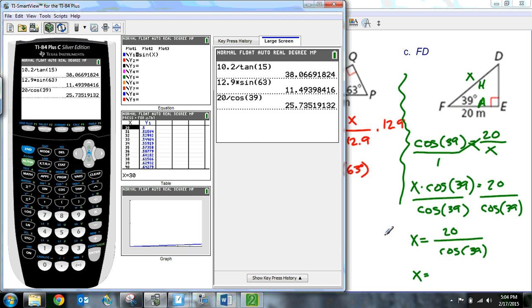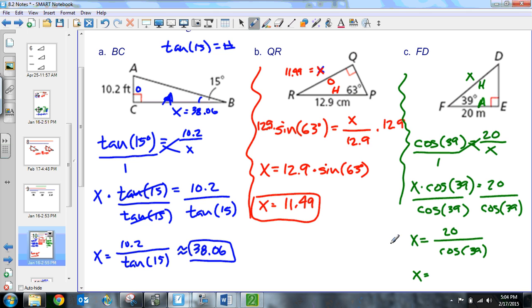Let me write that. 25.74. And that was the longest side of that triangle, so it seems about right.